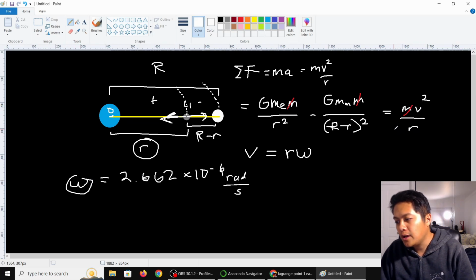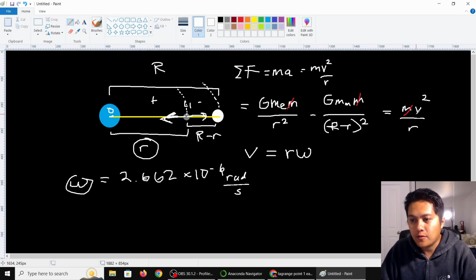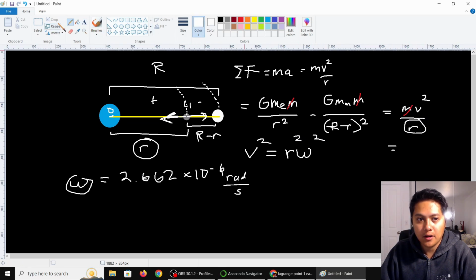Okay, and so if you write this in terms of omega, what you get is that v squared is equal to r squared omega squared, and then you divide it by this r down here. And so the right-hand term should just equal, what do we have here? So we take out one power of r, so this should equal r omega squared.